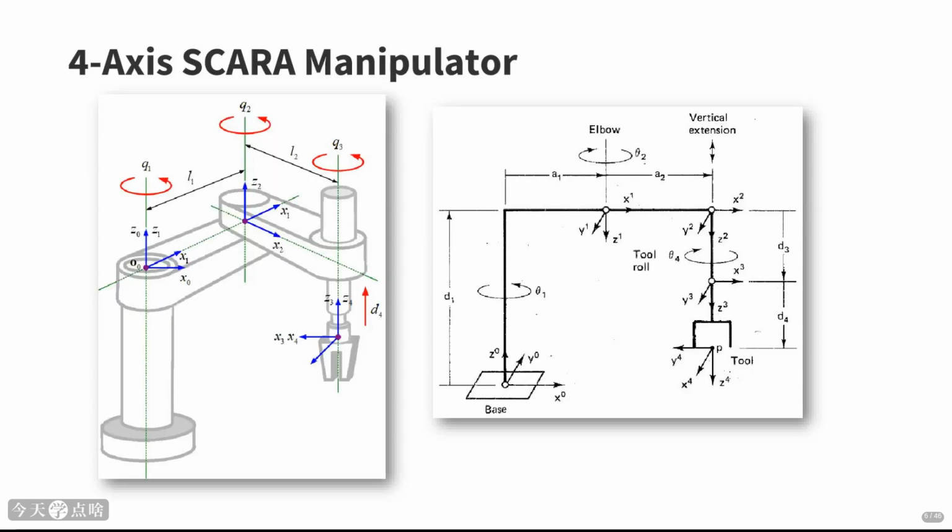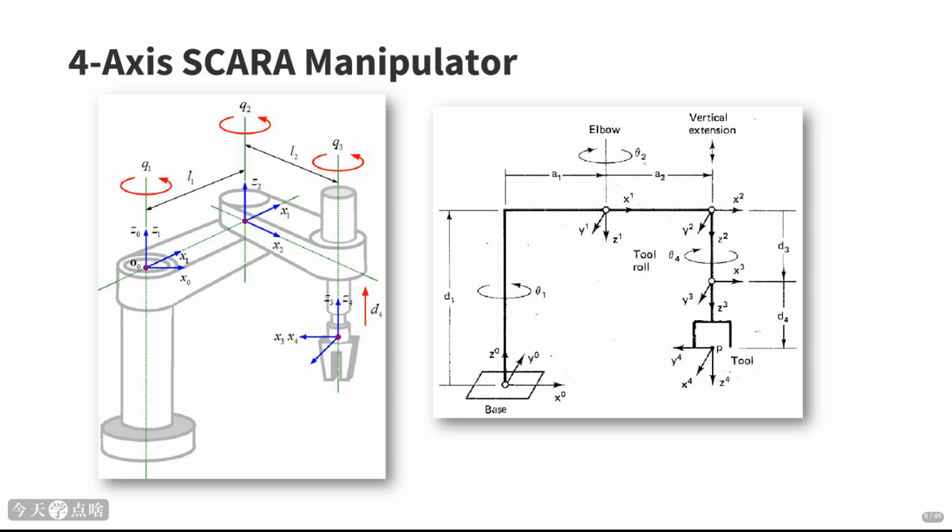Now we're talking about a SCARA robot, a common type used in assembly lines. It's a 4-axis robot, typically with 2 rotational axes for the horizontal plane, 1 vertical axis for the elbow, and sometimes a 4th axis for the wrist. Look at the diagram, it shows the typical structure. We need to define the coordinate frames for each link, starting from the base.